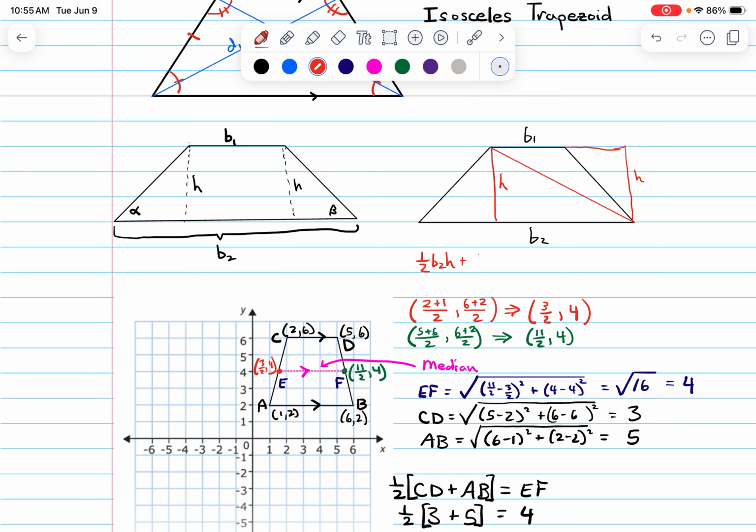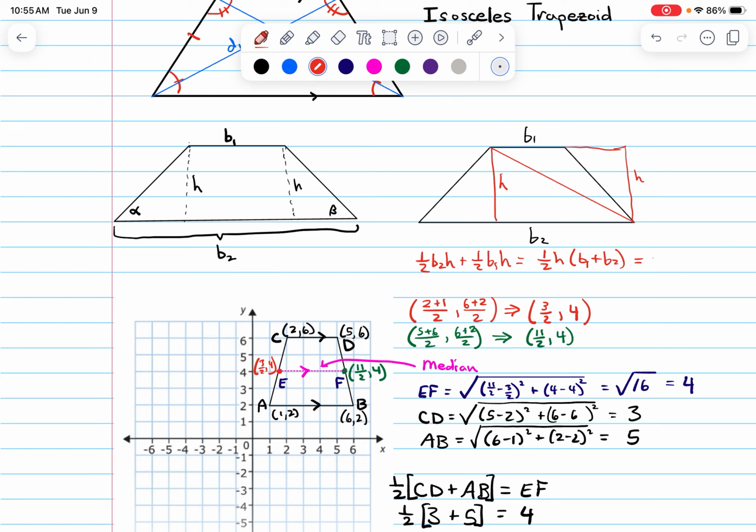So it's going to be 1/2 base, its base is B1, times the height. Now, dig this. If I factor out that 1/2 h, I get B1 plus B2. Look at that.